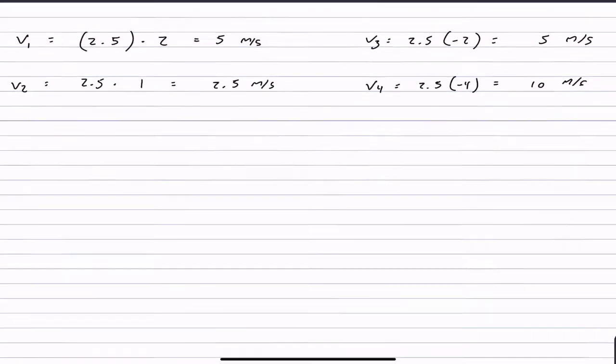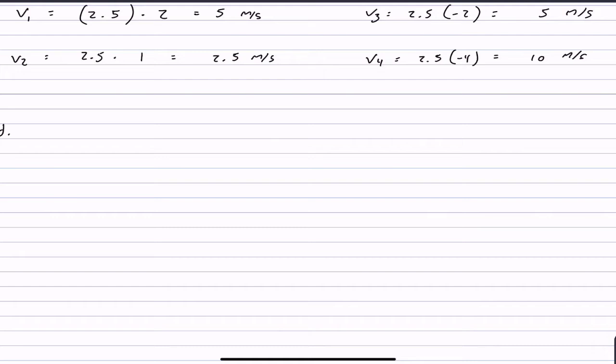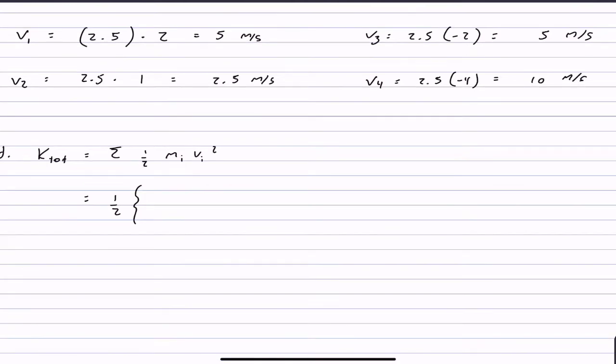Okay, so again, we just have to sum this up. So we just take half mv squared for every particle, right? So this is half m_i v_i squared. That's going to equal, we'll just pull the half out because that's going to be the same for all particles. And so what do we get? Okay, so mass 1 is 1 kilogram.